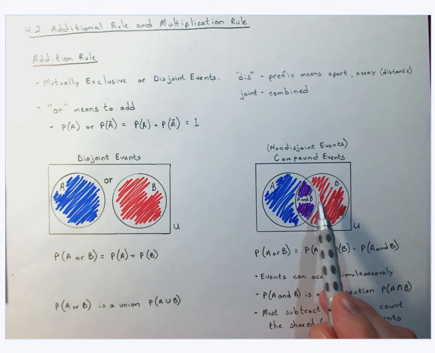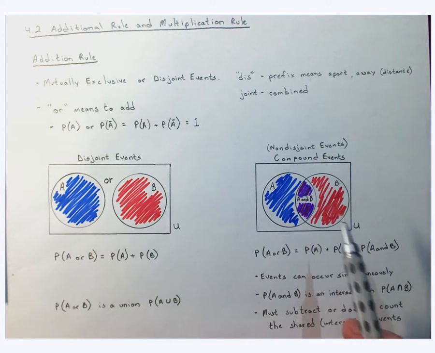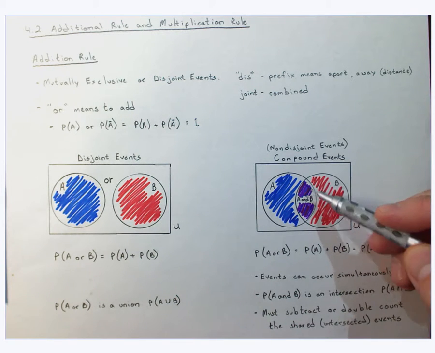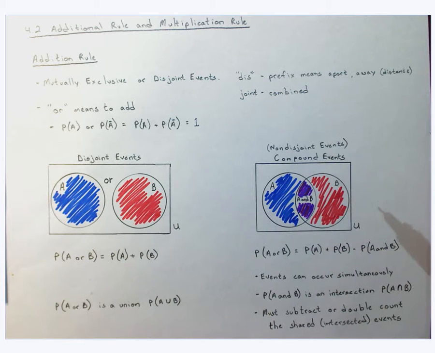What this means is that there's overlap, an intersection between the two events occurring. Things can occur simultaneously. This is an intersection, and we use the word and to mean intersection.